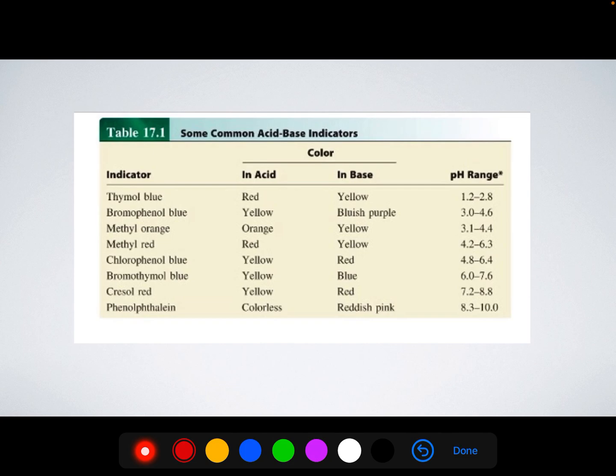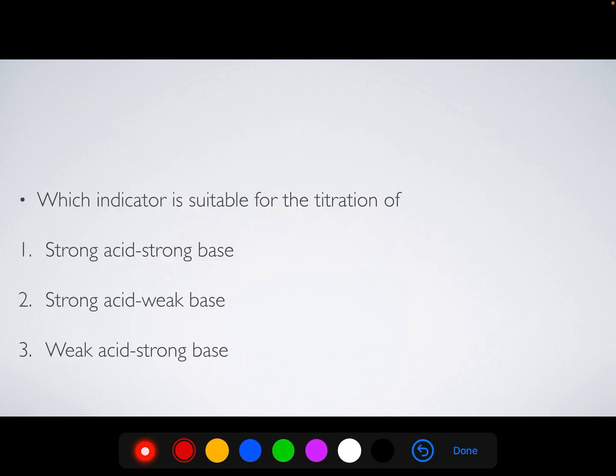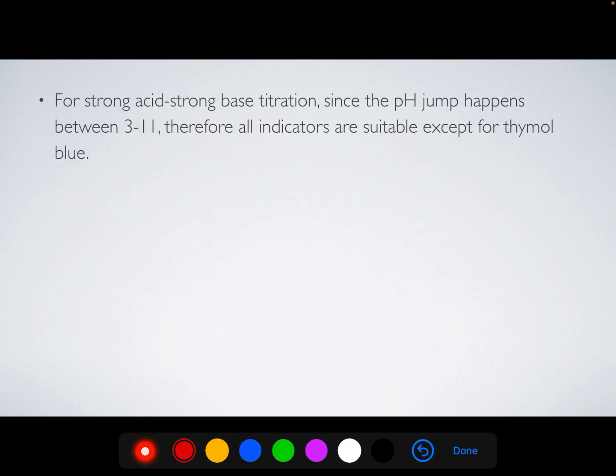Okay, so which indicator is suitable for the titration of strong acid strong base, strong acid weak base, and weak acid strong base? Alright, so for strong acid strong base titration, since pH jump happens between 3 to 11, okay, oleh kerana kita punya pH jump tu range dia agak besar, therefore most indicators are suitable.